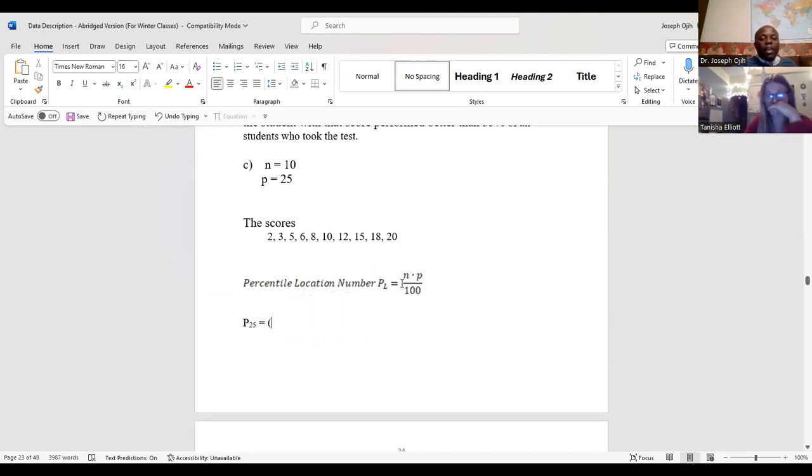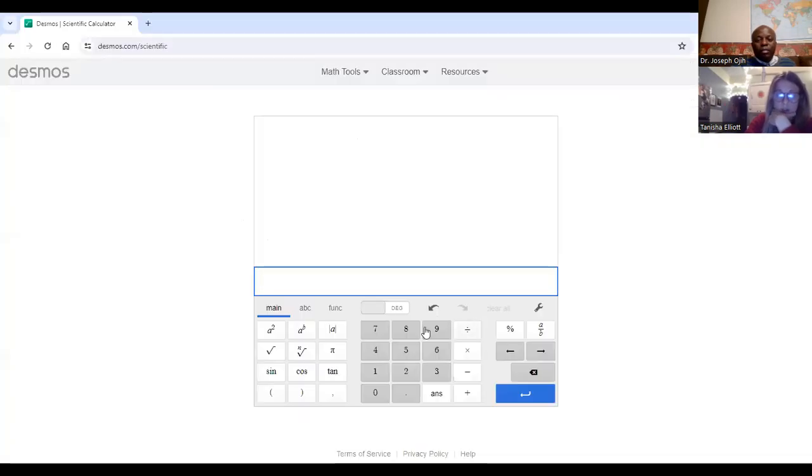According to the formula, it says N times P over 100. N is the total number of values. Now N is 10. So 10 times 25 divided by 100.